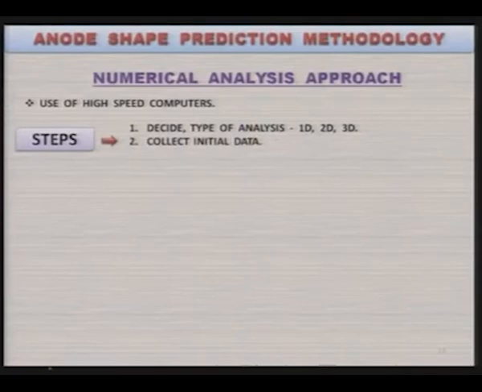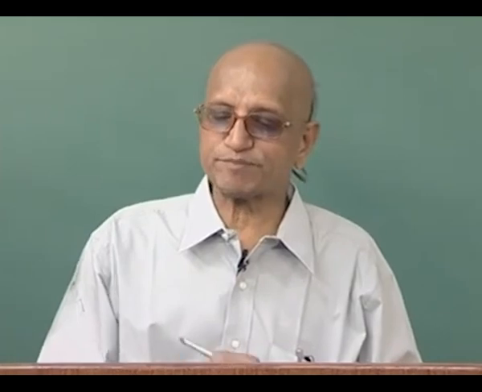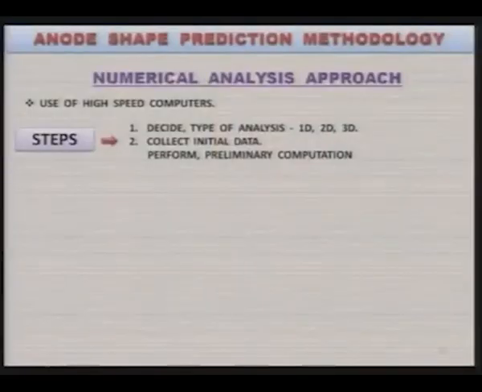Then collect the initial data, that means the variables and constant values of some of the variables and varying values of the variables, something like conductivity, initial temperature, voltage applied and so on, that we have already seen. Then perform preliminary computation. In some cases, you may have to conduct certain calculations before really starting the numerical analysis method.